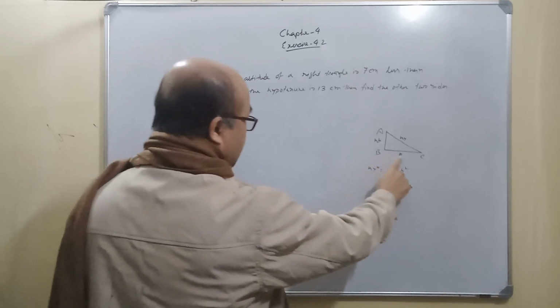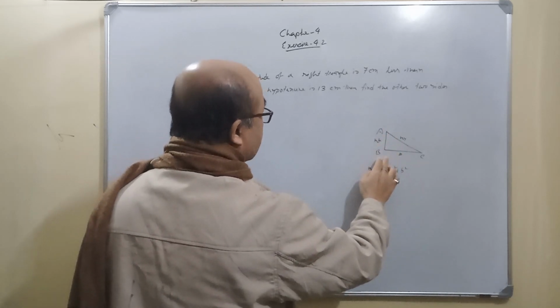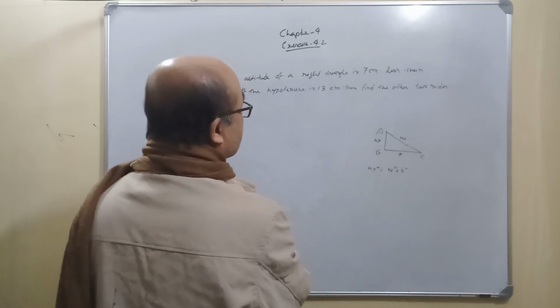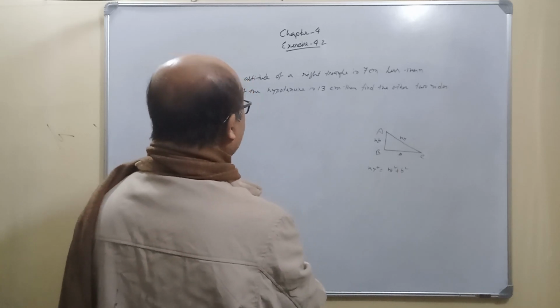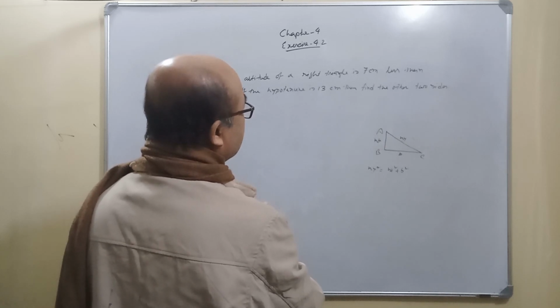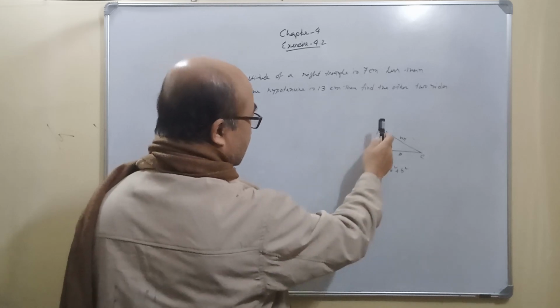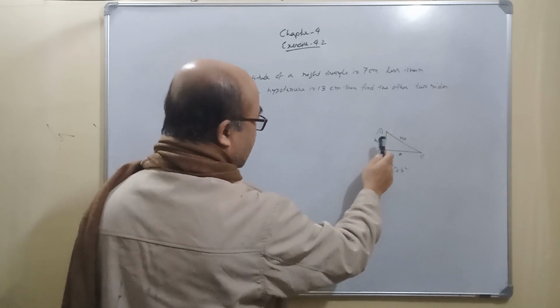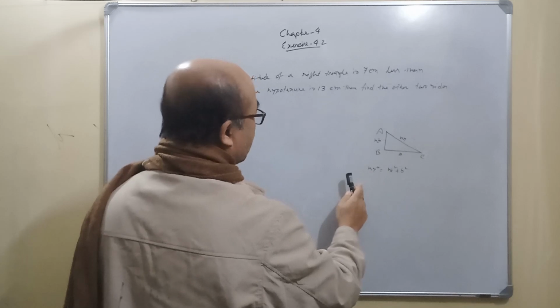This is the base and this is the height. So what is the problem? The altitude of a right angle triangle is 7 centimeter less than its base. This is the altitude or height and this is the base.